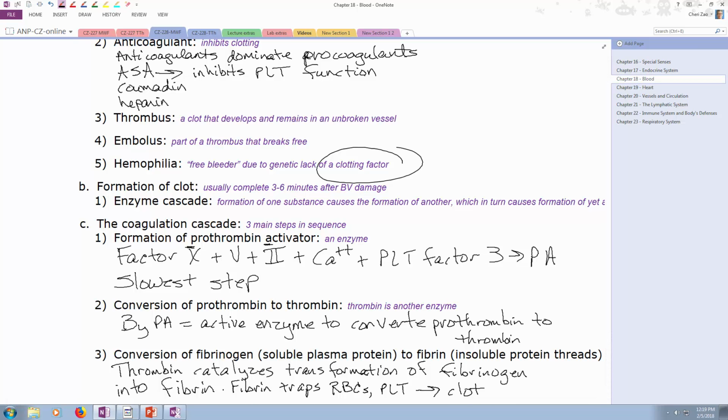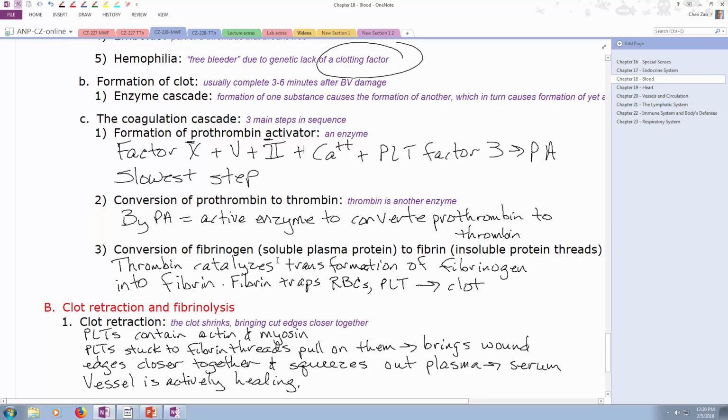This is a slow step, but once this step is started, we're on a roll, literally. Because now prothrombin activator will activate the conversion of prothrombin to thrombin. Pro is for and typically before, and thrombin is now that blockage. Thrombin, however, is not the actual blockage, it's an enzyme.